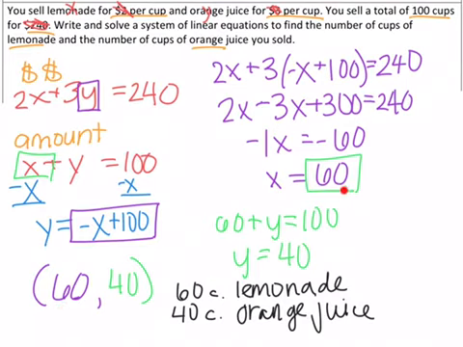Then I decided to plug in 60 in for x on our second equation because it's just easier. And so instead of x plus y, I get 60 plus y equals 100. So y is 40, and I plugged it in here. Then because it is a word problem, you have to explain your answer. Well, x was dealing with lemonade, so we had 60 cups of lemonade that we sold and then 40 cups of orange juice. And that is your answer.